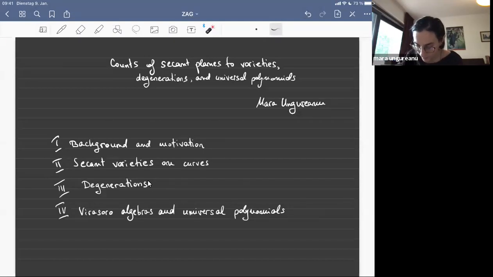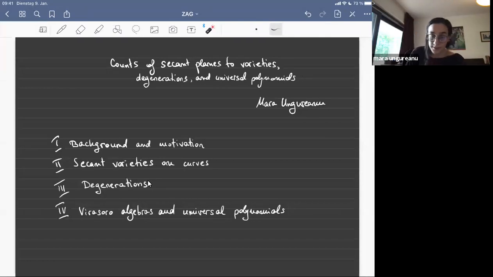And so these degenerations to nodal curves are very good tools to help you understand the geometry of a secant variety. So this fits into the verification part of the endeavor.